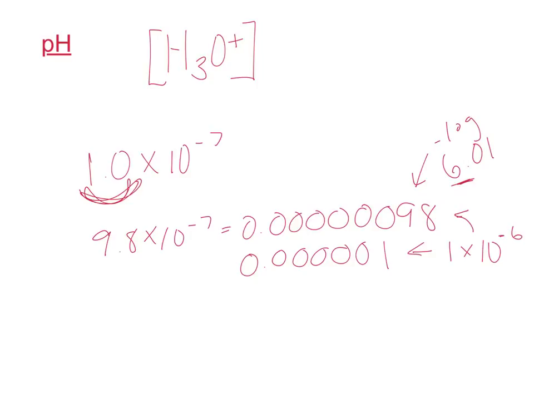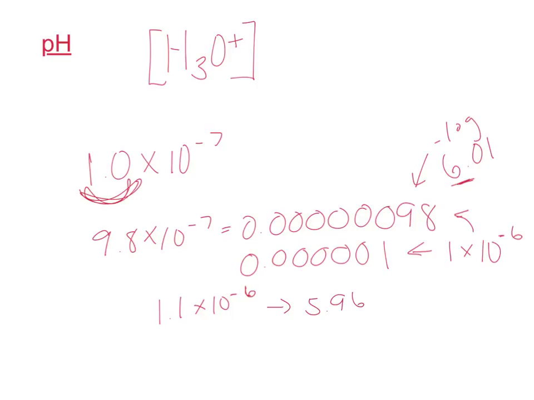Now what if I go in the opposite direction? If I have 1.1 times 10 to the minus 6, which is just slightly higher than 1 times 10 to the minus 6, the negative log of this number will actually be 5.96. That is to say that it is very close to 1.0 times 10 to the minus 6, but it's not quite.